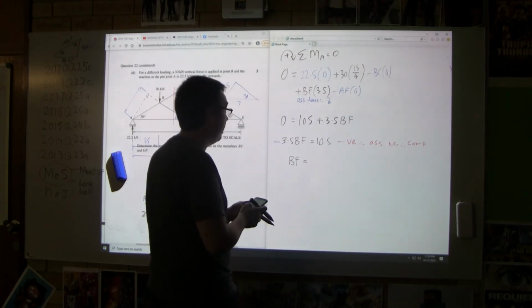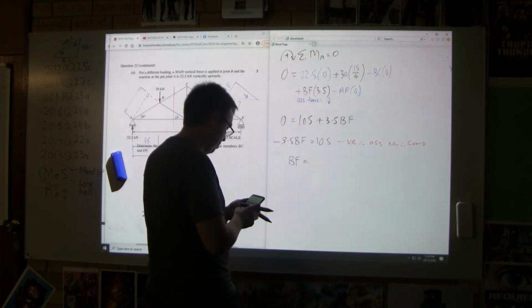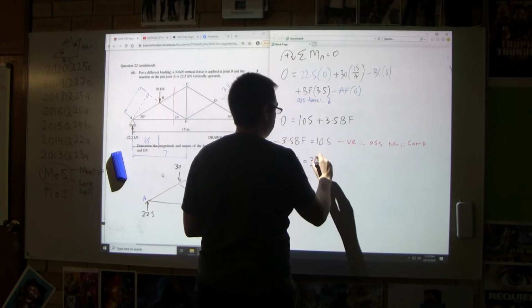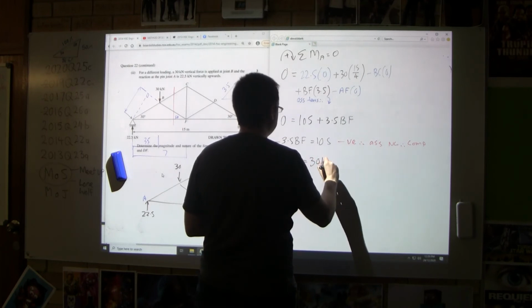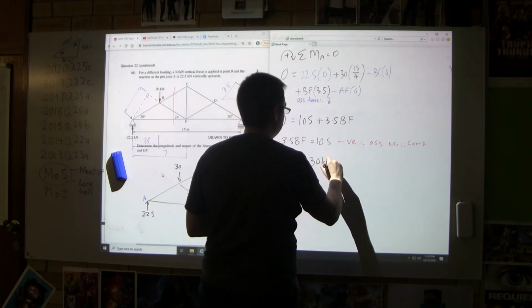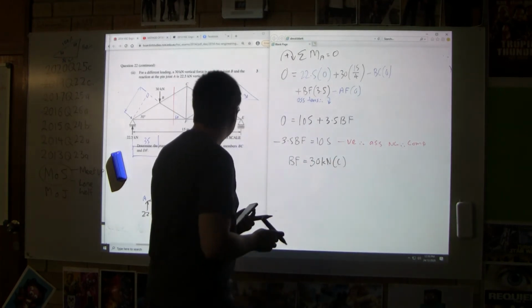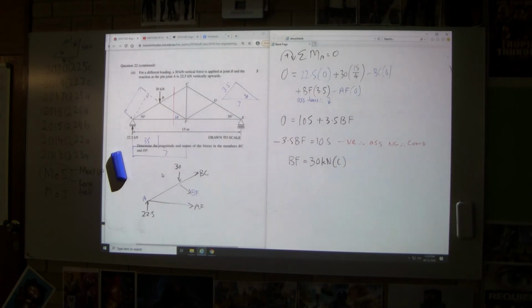Okay, so if we had 105 divided by 3.5, well, it's going to be literally the same answer as above. It's going to be 30. So that's going to be in kilonewtons, and our assumption was no good, so therefore it's going to be in compression. Okay, let's see how we did.